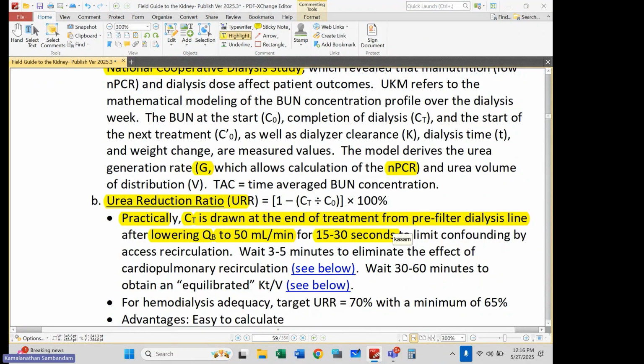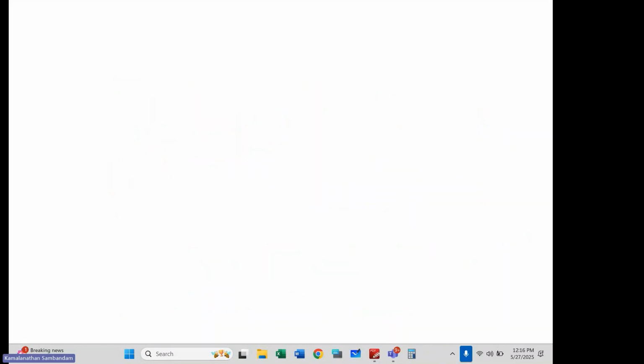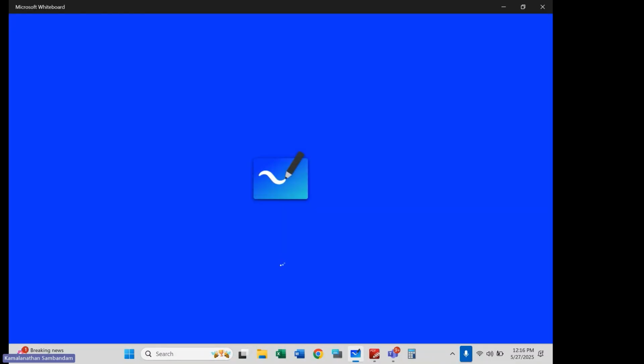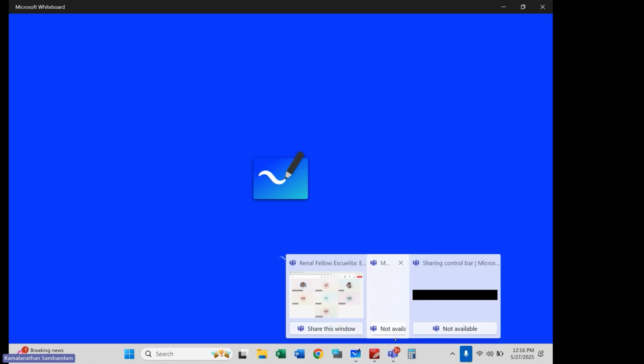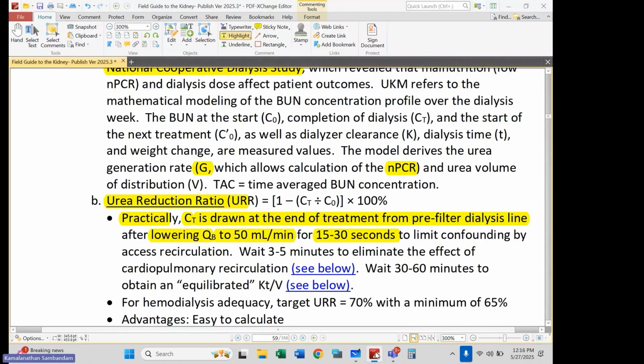Recirculation happens when blood is flowing relatively fast compared to the flow of blood around that access, whether it be a fistula or a graft or a catheter. When you're trying to suck blood faster than that particular access can cooperate with, that's when you pull through already cleaned blood back into the dialysis circuit line.